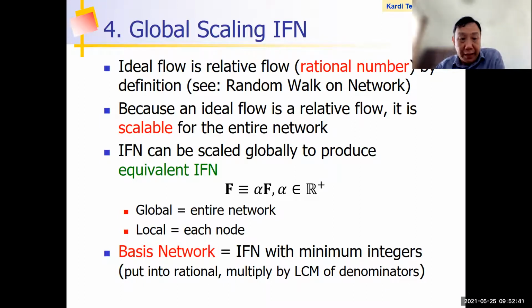You can also create what is called a basis network. What is this basis network? It is an IFN with the minimum integer. So how do you calculate? First, you put them into rational, and then you multiply by the LCM, the least common multiple, of the denominator.